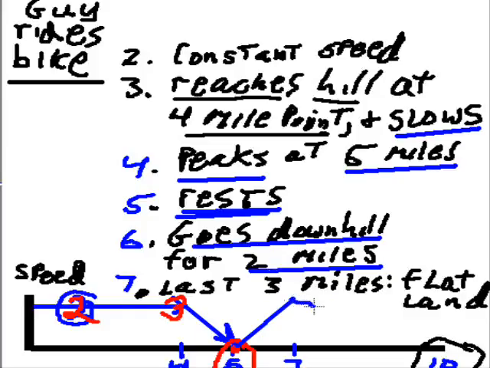At least a little bit. So he'll start to slow down and stay at about a constant, and then he gets to the end and boom, end of the race. And that's it.